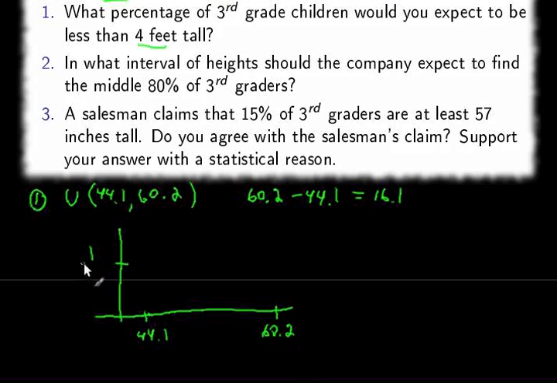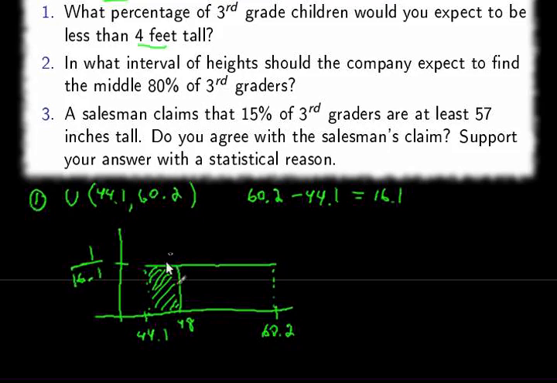The height will be 1 over 16.1, and we want how many people we would expect to be less than 4 feet tall. So we need 48 inches. That's somewhere around here, let's say. So that's 48. And the expectation is that this area gives the percentage or the probability that a randomly chosen student from this class is less than 4 feet tall.